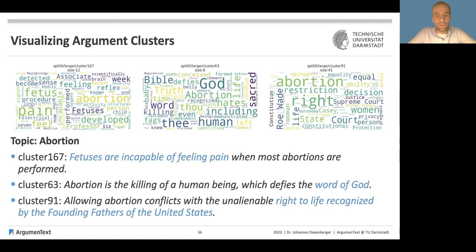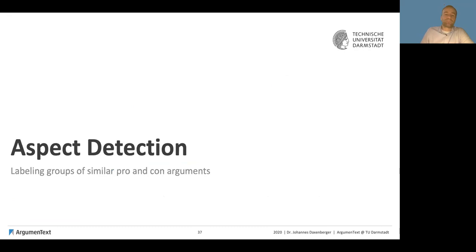So that would probably be a cluster that contains mostly pro arguments on the topic of abortion, whereas in the middle, you can see arguments that are dealing with reasoning from Christianity or religion, so mostly con arguments in that case. And the rightmost cluster is dealing with topics that discuss the constitutional rights in the context of abortion, with a focus on the United States of America in that case.